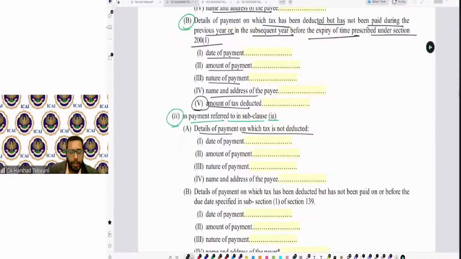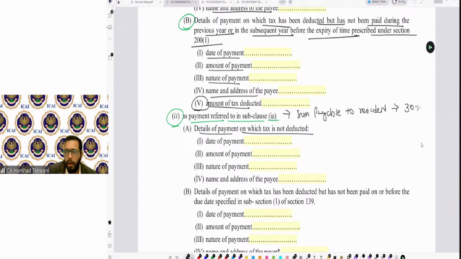So Section 40, sub-section A and clause (ia). Basically this talks about sum payable to a resident, and the disallowance is 30% of such sum.